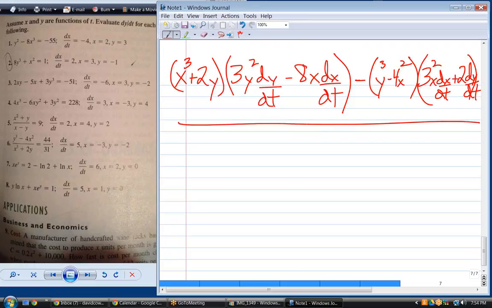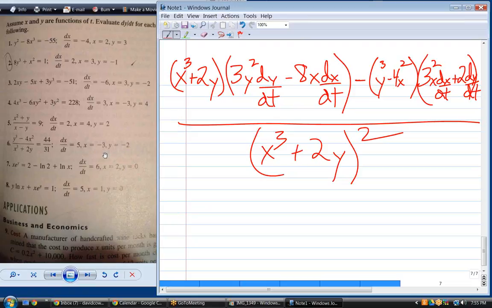And then over x to the third plus 2y squared. Okay. And again, I think it makes sense to substitute rather than trying to solve this monstrosity for dy dt. So tell me what to write next.